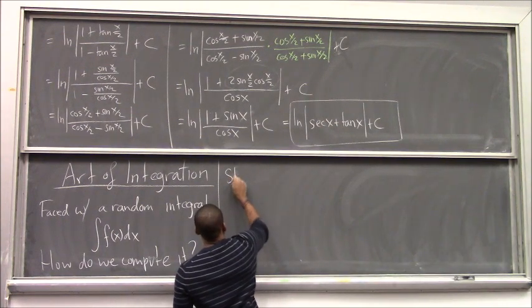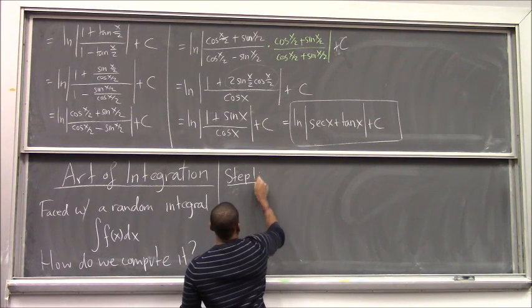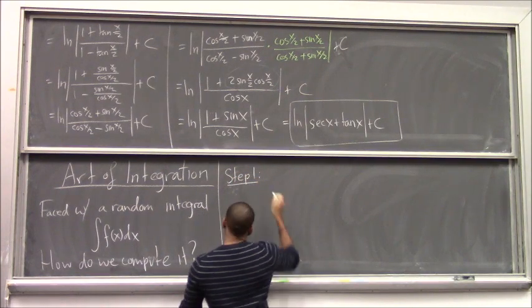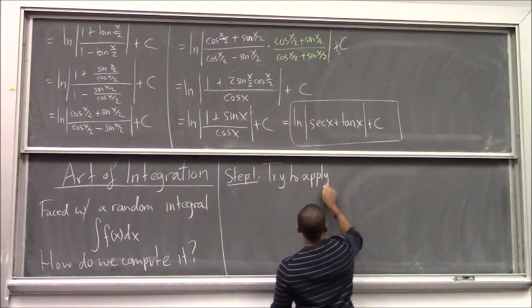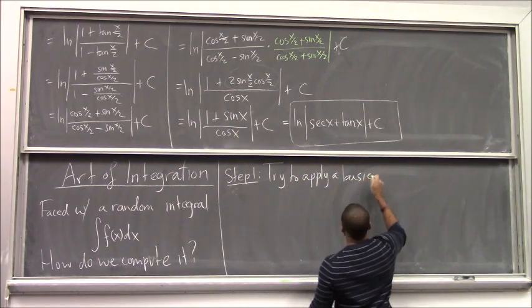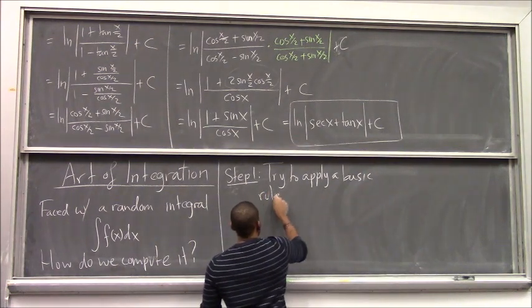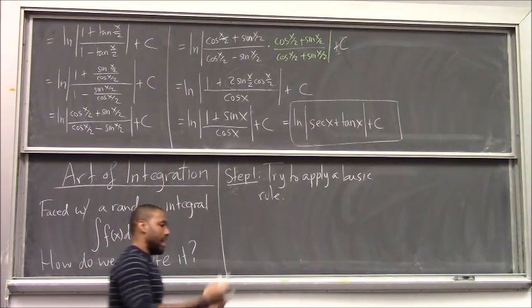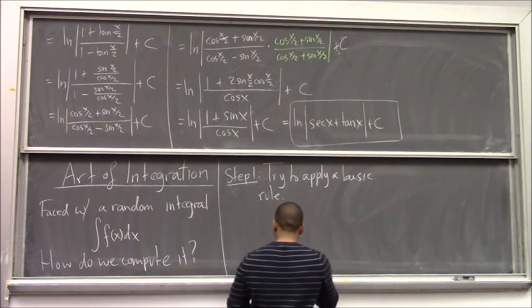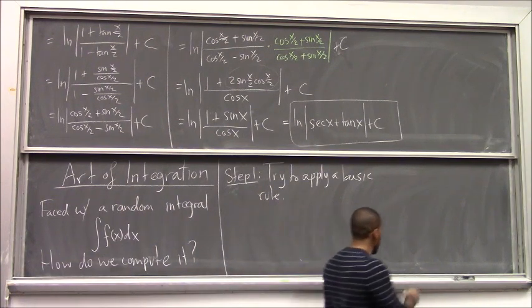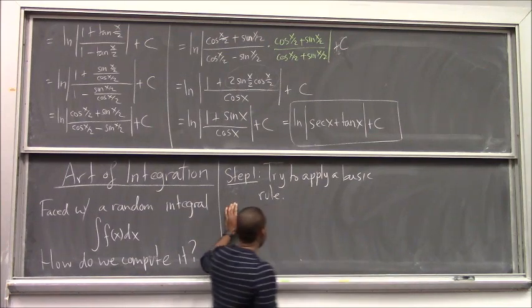Step 1. What was step 1? Basic rules. Try to apply a basic rule. Now, what are the basic rules? These are the guys that I asked you to memorize and regurgitate on problem 1 of all the quizzes that we've had. Just the elementary ideas that we have.